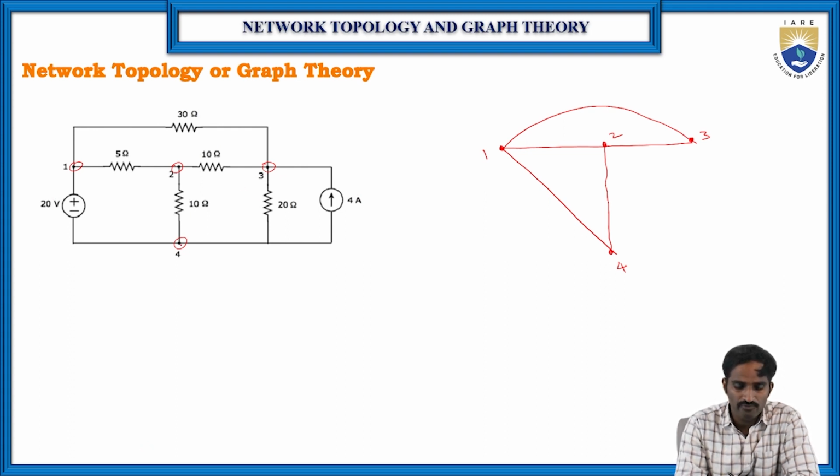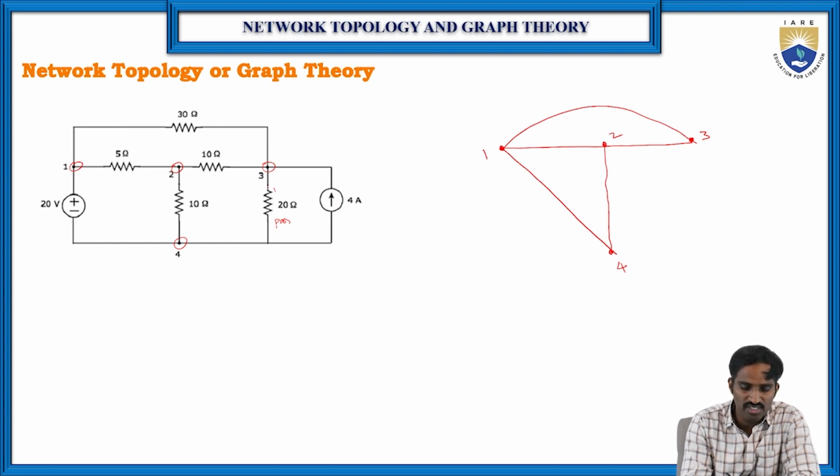Between 3 and 4, there are two elements. One is a passive element of 20 ohms, and another is the current source. According to the condition to convert the network into a graph, only the passive elements and the voltage sources are replaced with a short circuit, and current sources are replaced with an open circuit.